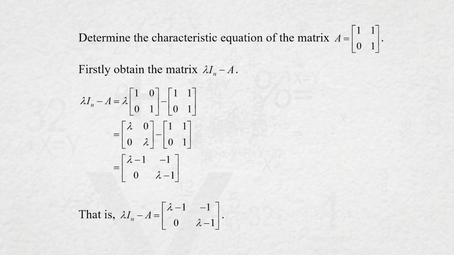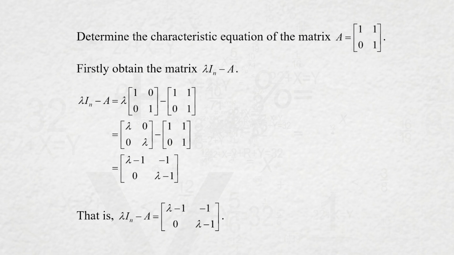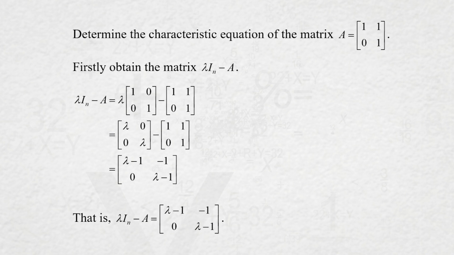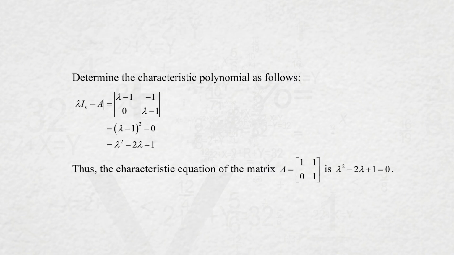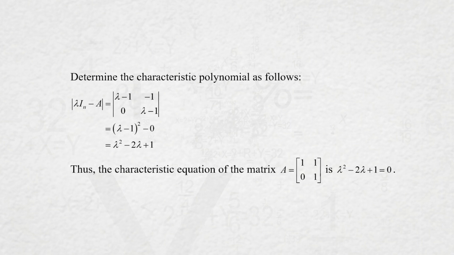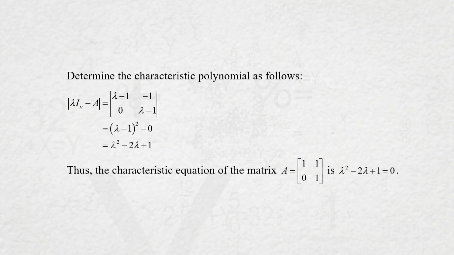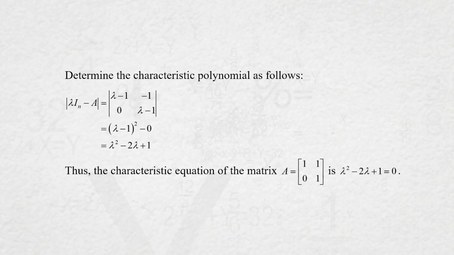That is, lambda In minus A is equal to lambda minus 1, minus 1, 0, lambda minus 1. And we are going to determine the characteristic polynomial as follows. Earlier I mentioned this as a mod, but that is a determinant, not mod.